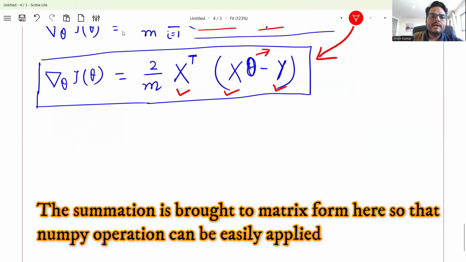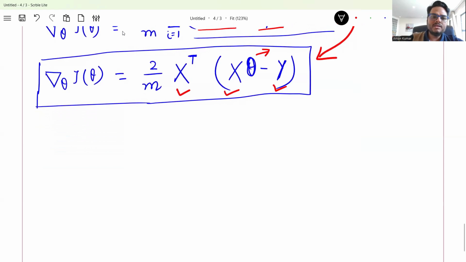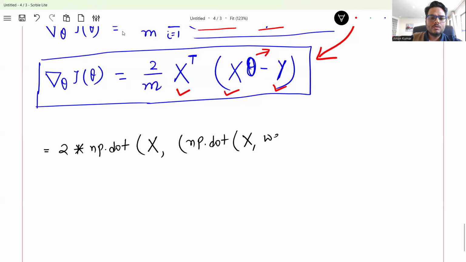Now if I have to write this in Python, I'm simply going to write 2 into numpy dot product, because I have to take a dot product, of X transpose with np dot of x and weight minus y.